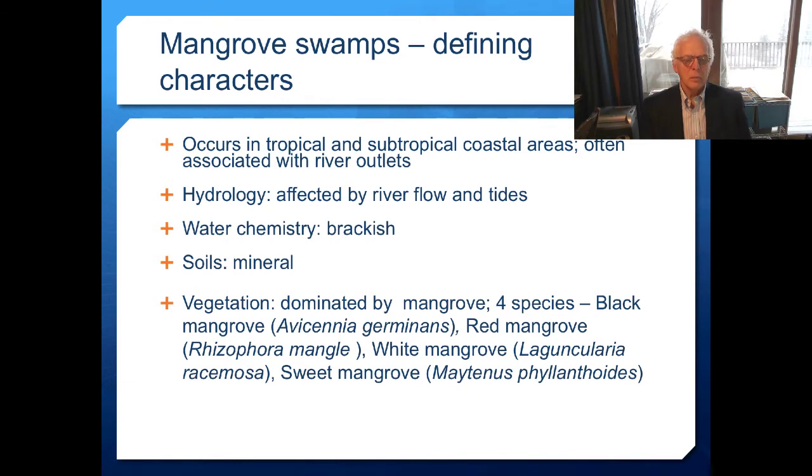The soils are mineral, that is to say the rate of decomposition is high, so organic matter is removed. The vegetation is dominated by 4 different species of mangroves: the black mangrove, the red, the white, and the sweet mangrove. And they all function similarly, although they have very different growth forms.